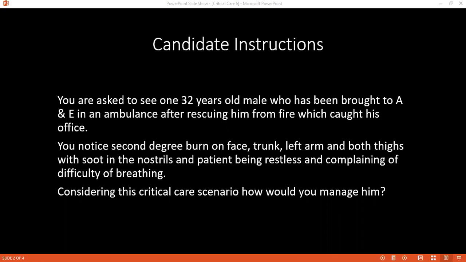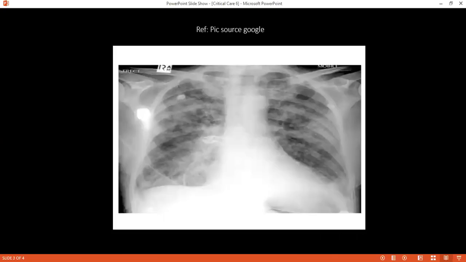Good. Would you be able to read this X-ray for me, please? This is an X-ray of the chest, posterior anterior view, showing lung infiltrates in the bilateral lung fields, which is typical of acute respiratory distress syndrome. Very good.